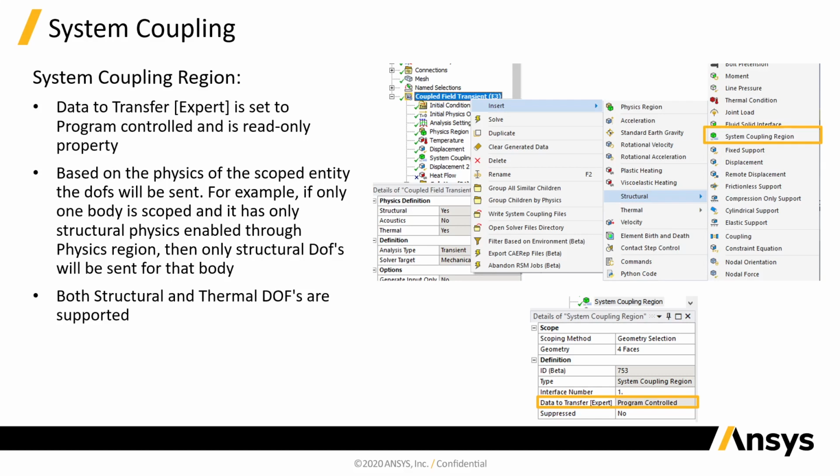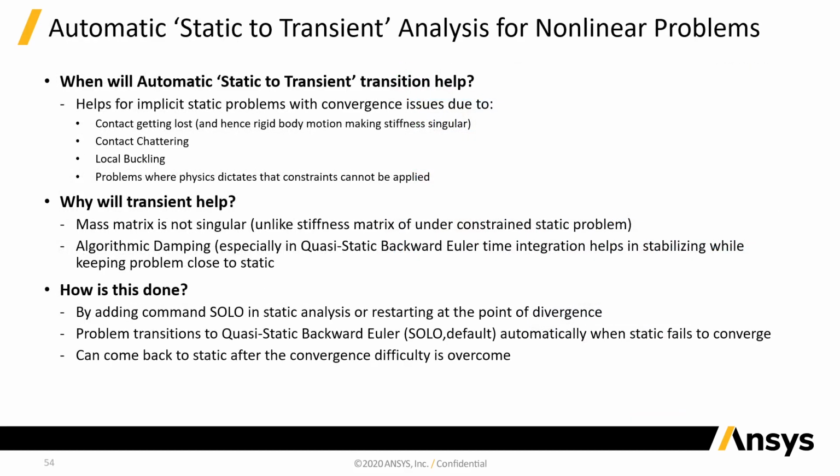But you can also dive into that, and you have more options there. So if you change it from program controlled to expert, then you have more options to select particular thermal and structural degrees of freedom that you want to transfer to CFD. But normally you would use the program controlled, I suppose.